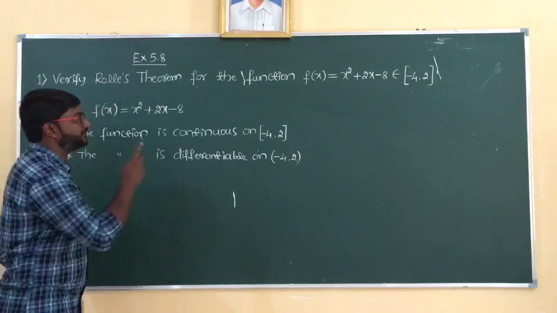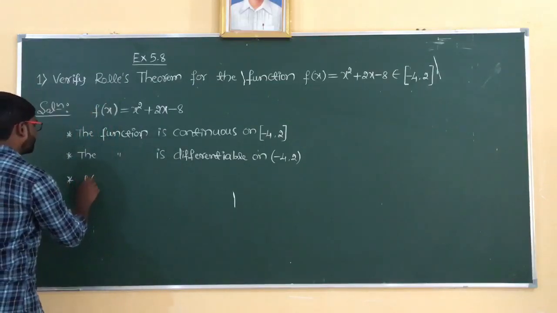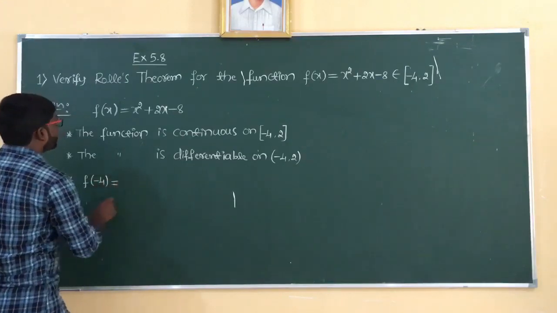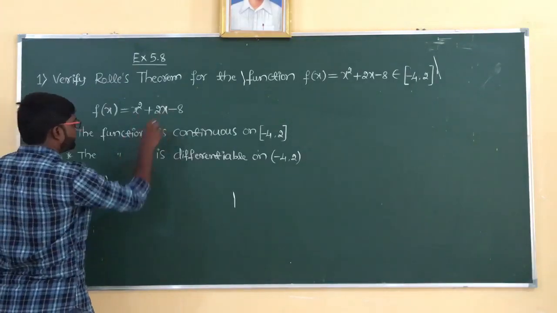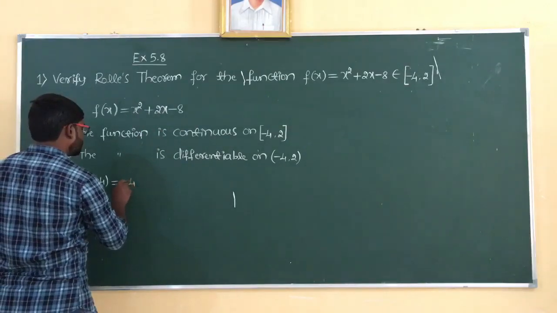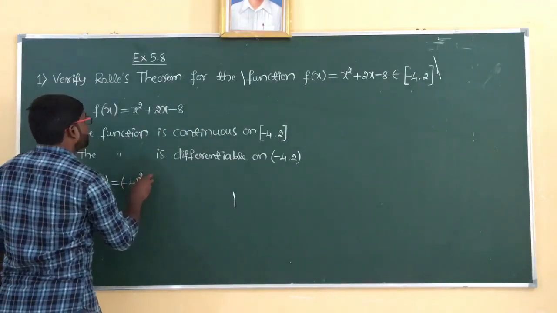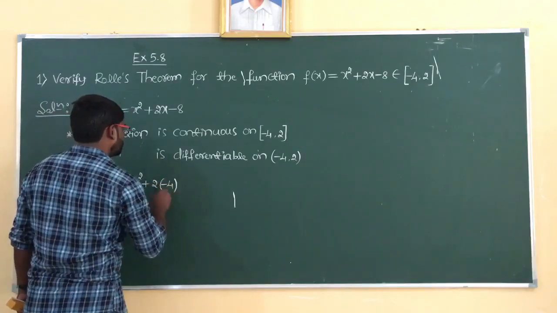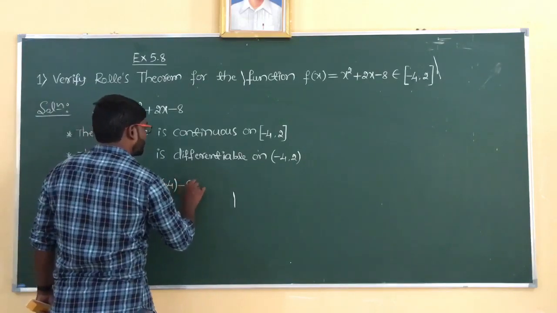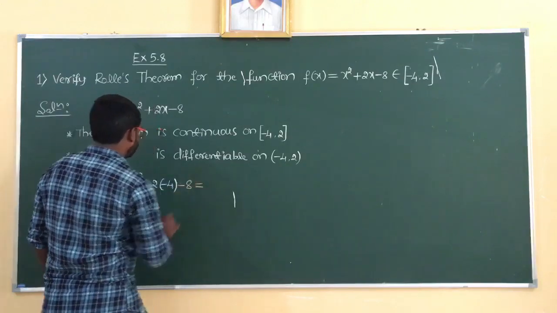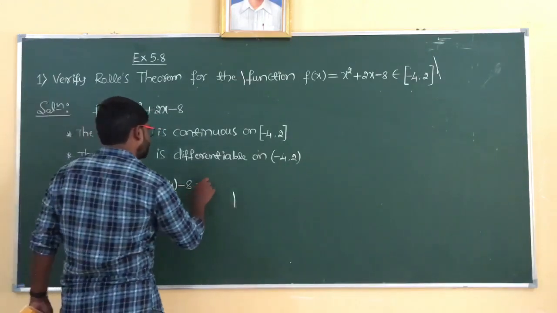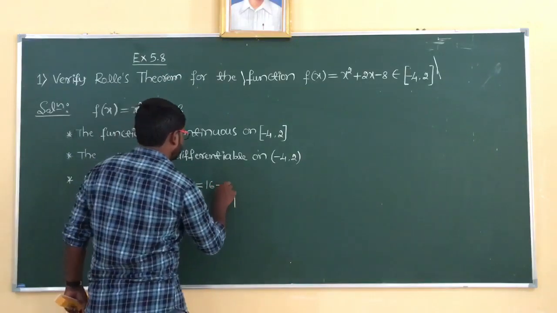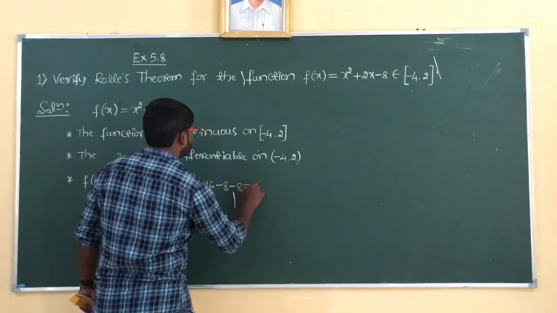So I go for f of a. f of minus 4 equals, in place of x I have to write minus 4: minus 4 square plus 2 into minus 4 minus 8. Let us simplify this. Minus 4 square will be 16, then 2 into minus 4 is minus 8, and then minus 8, this will be 0.